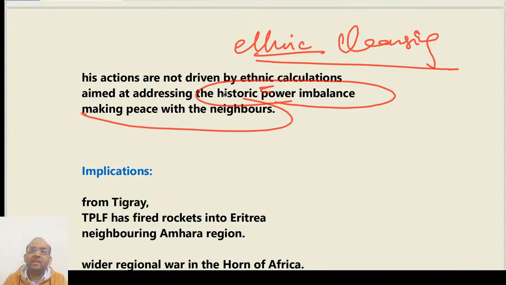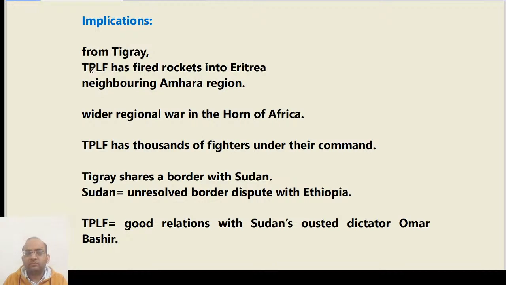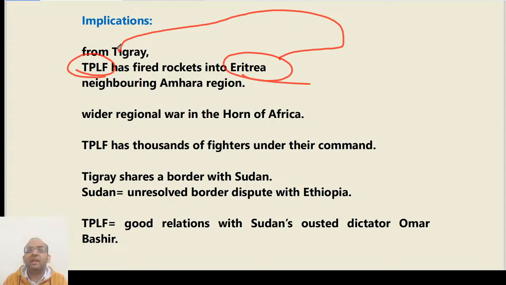And he's making peace with neighbors like Eritrea. Now, what are the implications? TPLF has fired rockets into Eritrea. Why? Because it wants to create problems for the PM. How would Eritrea respond to TPLF, or respond to the attacks in the Tigray region? Tigray region is part of whom? That is Ethiopia.